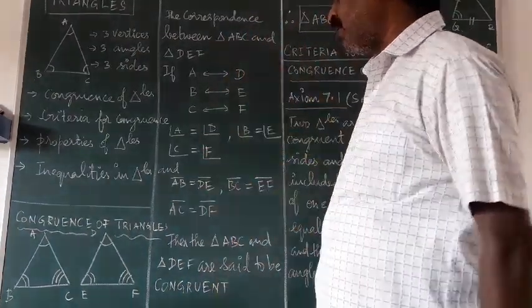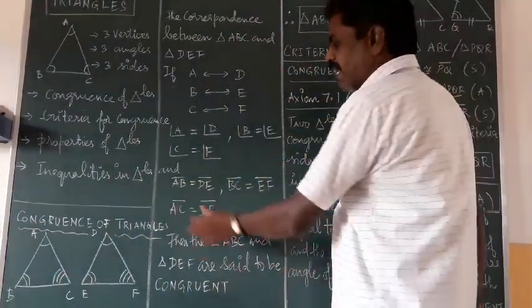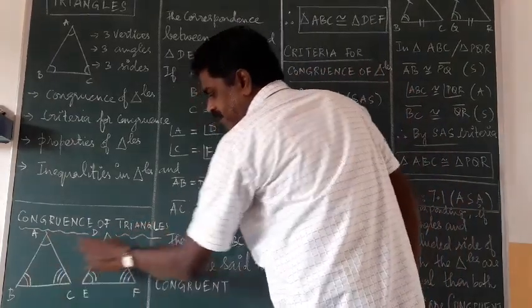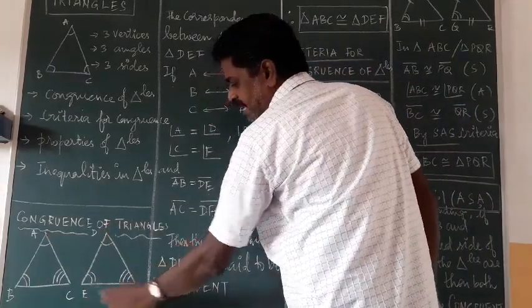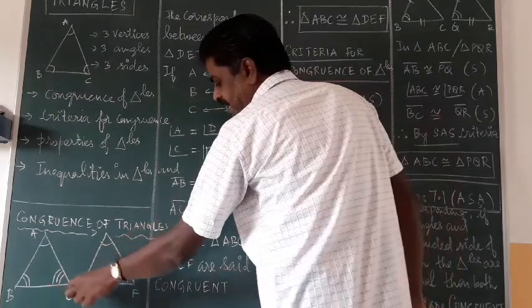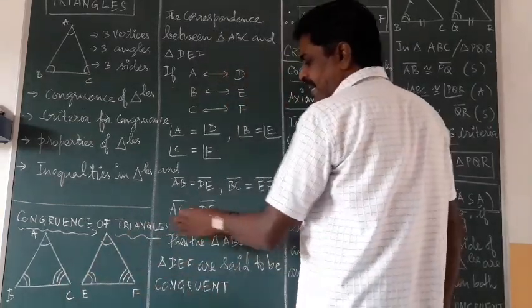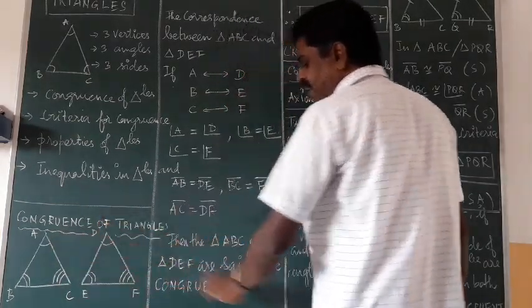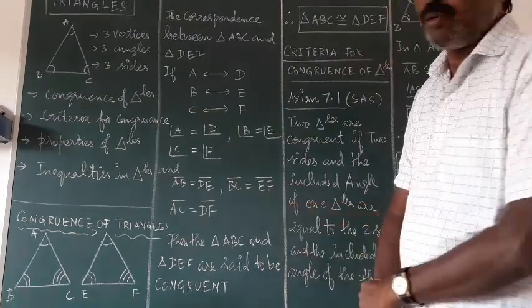And what is the other rule for congruency? Side AB equal to DE, BC equal to EF, and AC equal to DF. All three sides are equal.